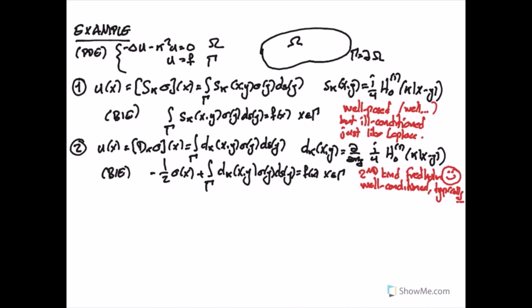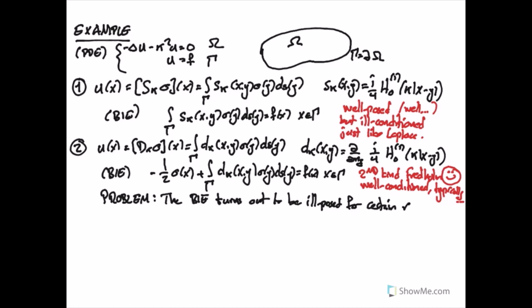And the problem is that you can have this thing that's called artificial resonances. So the BIE turns out to be ill-posed for certain kappa for which the PDE is fine.